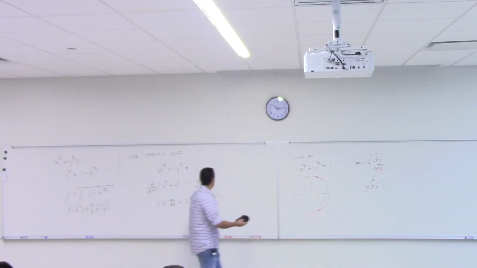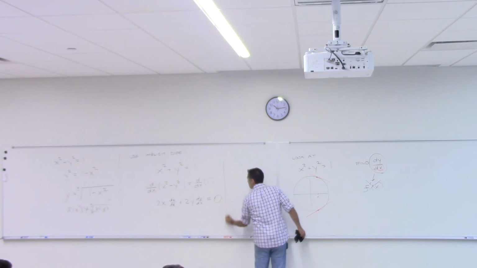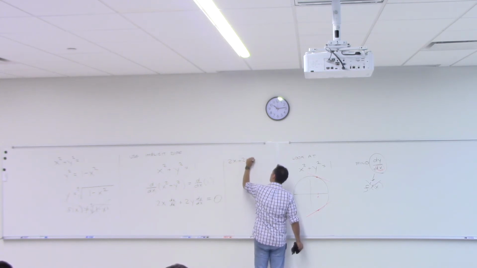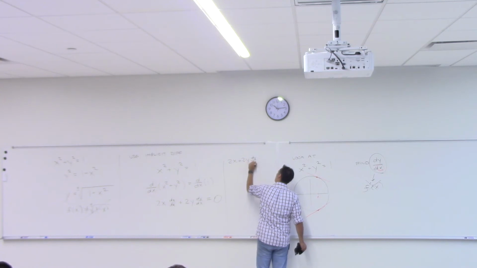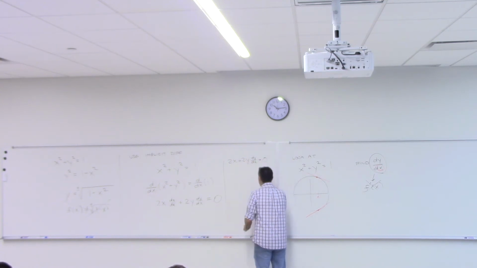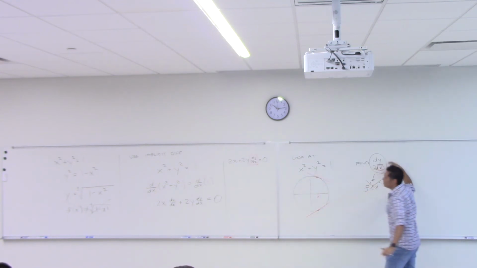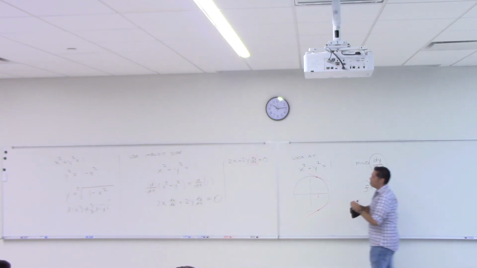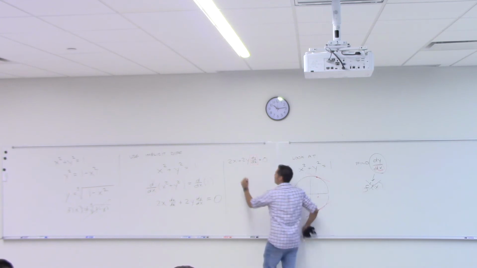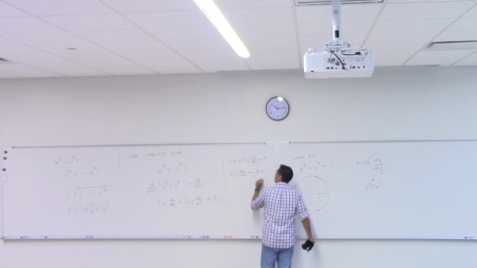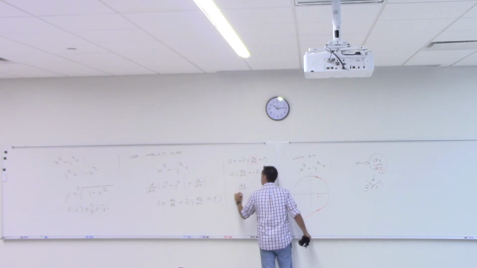That's a 1. So this says 2x plus 2y dy dx equals 0. And I want us to solve for this, get this by itself. That's what I'm looking for, dy dx. So to solve, just algebra: move the 2x to the other side. Divide both sides by 2y.